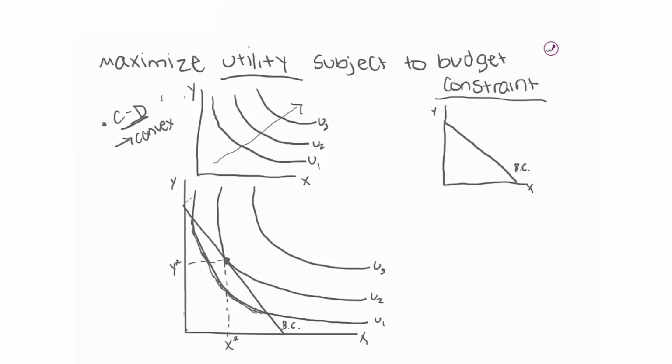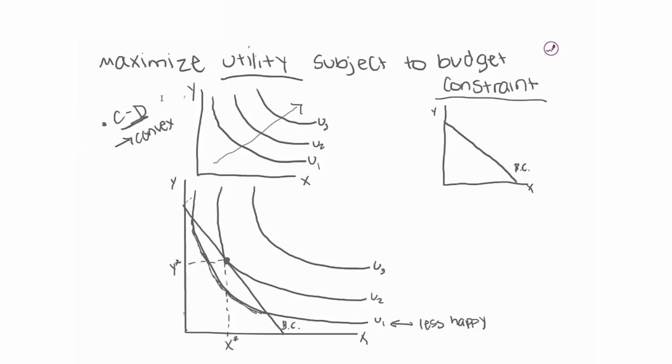So why is it that they chose this point instead of all of these points? Well, the reason is that everything on U1 is going to be a lower indifference curve than U2. So everything on U1 is affordable, but they're less happy than they are at that optimal point. So that part's eliminated. Everything below U2 is going to be eliminated because they're going to be less happy.